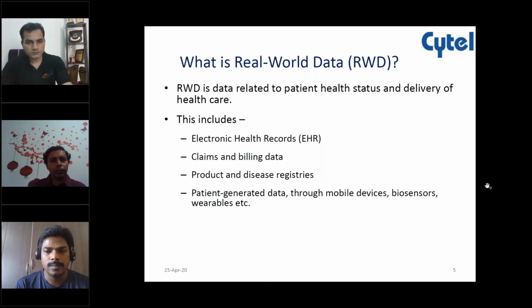Another example of real-world data is from product and disease registries. These are large databases that contain information about specific diseases, the subjects who have these diseases, the symptoms, and the procedures that the subjects have undergone.